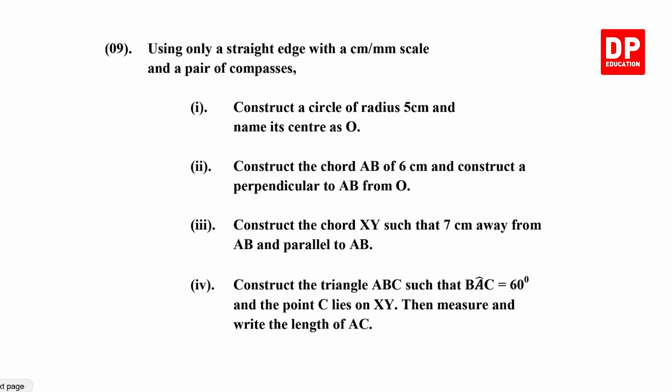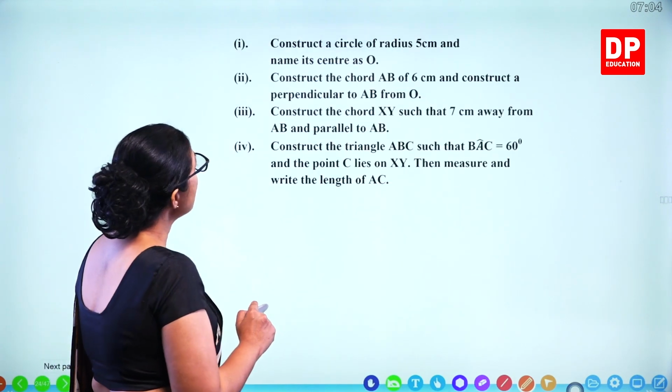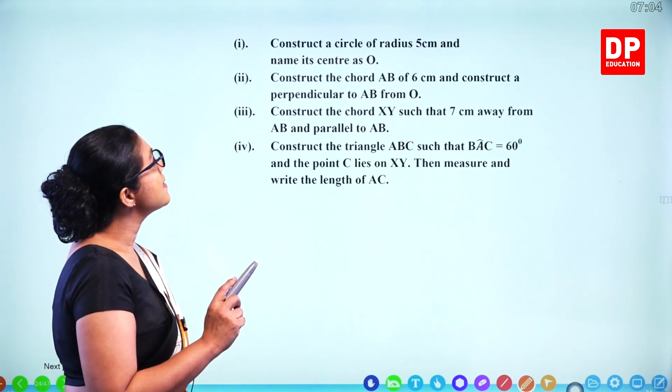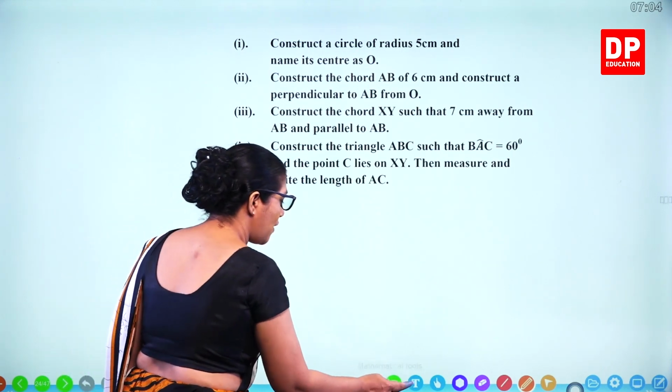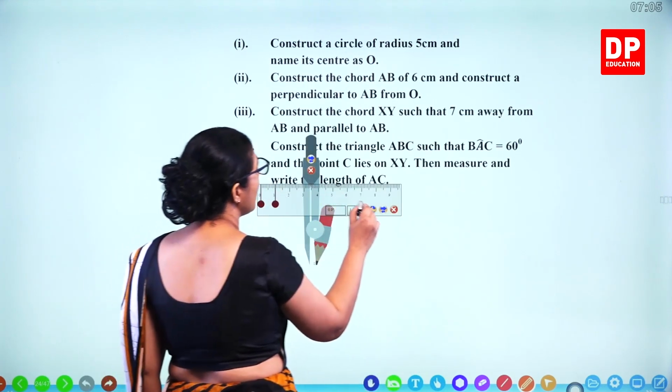Let's take question number 9. You have to use the compass and the ruler. Construct a circle of radius 5 cm and name its center as O. So what you have to do, you have to take the ruler and the compass.